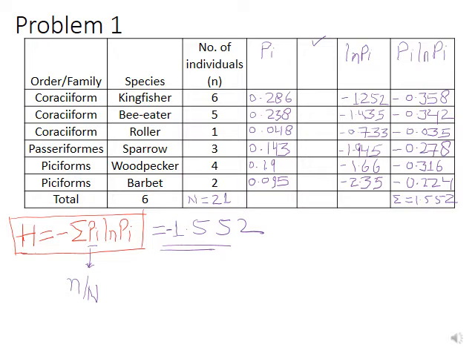As I told you, often Shannon values are shown in the form of the Simpson value. That's why I had left this column here. For the Simpson value, what is the formula? If you remember, the formula is D is equal to 1 divided by summation pi square.